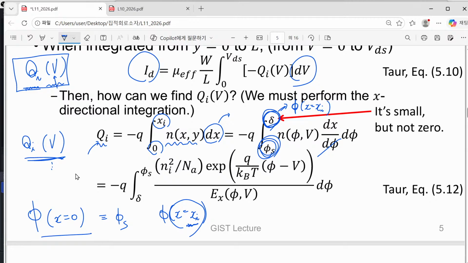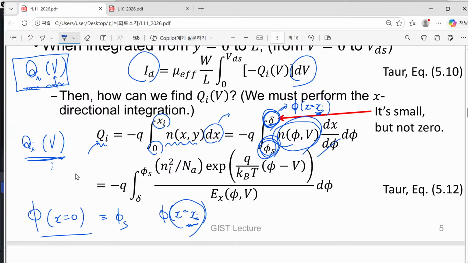The point is, if we have different values for xi, then of course we will have different values for this delta, but that doesn't matter because there is almost no electron there, so their contribution to the electron density is really negligible.